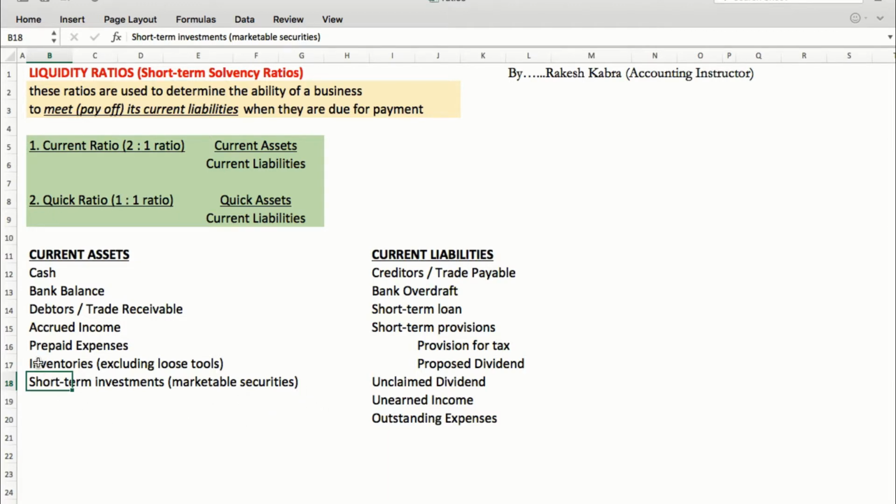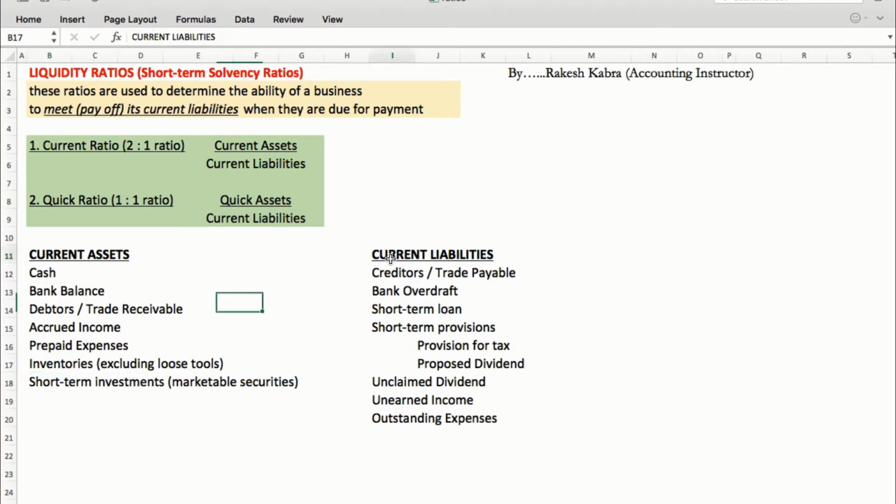But here we need to pay attention that while computing current ratio or quick ratio, we will not consider loose tools, though loose tools are part of inventories. While computing both these ratios, we will exclude loose tools.